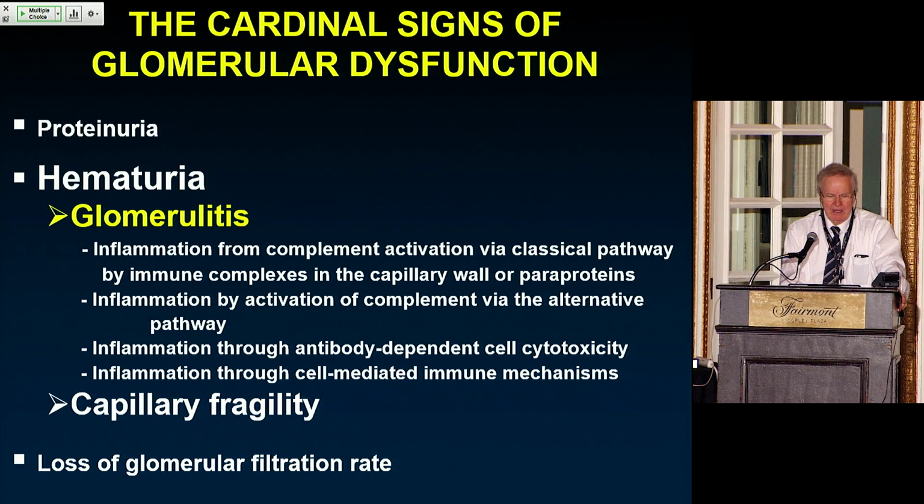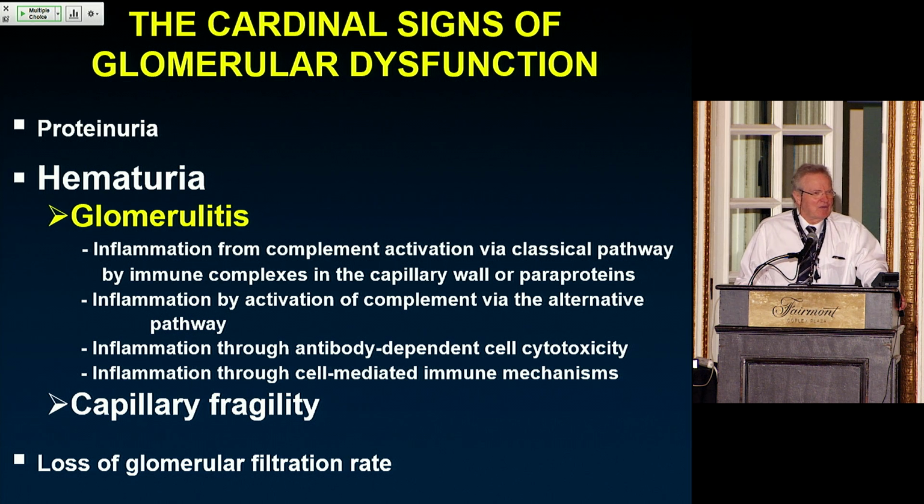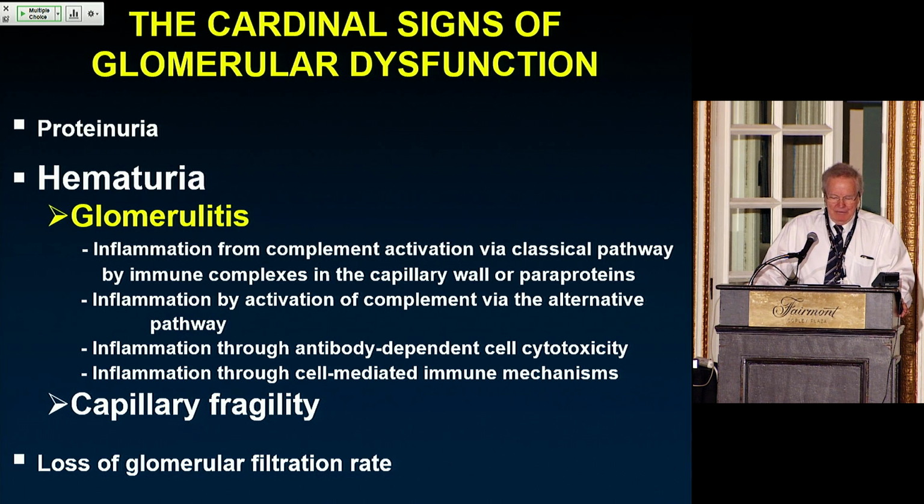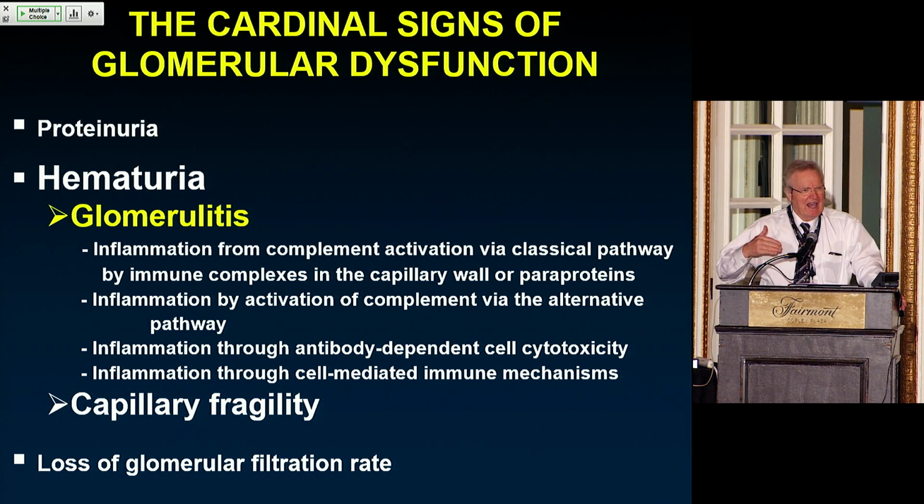microcirculations. So the glomerulitis, the inflammatory reactions, as you already heard also from Dr. Bonigio, can be due to inflammation from complement activation via the classical pathway, inflammation due to abnormalities of the alternative pathway of complement activation. It can be inflammation due to potentially antibody-dependent cell cytotoxicity, and this was not touched upon.